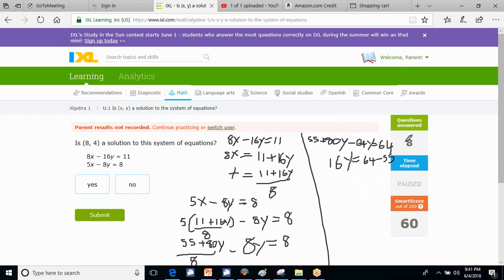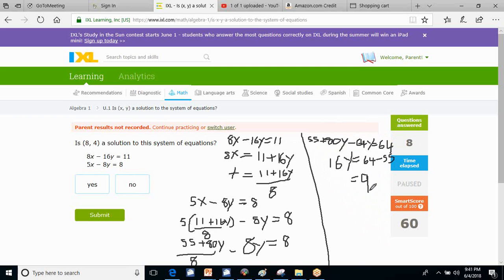Because we're carrying it over to the other side, we have to change the sign. 64 minus 55 is 9.